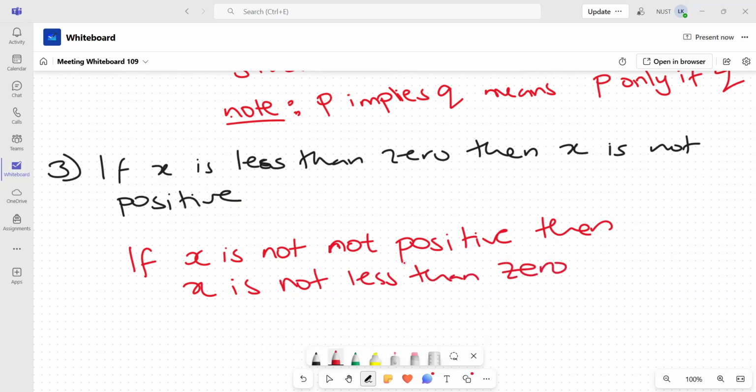And then what you write, not positive, this means it is negative. So we say if X is not negative, then X is not less than 0. Okay, and then you can say if X is not negative, it means it's positive. So the contrapositive, you can also write if X is positive, then X is not less than 0, which of course makes sense in saying the same thing as that one over there.